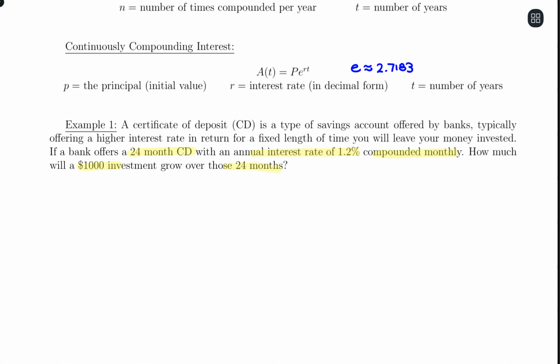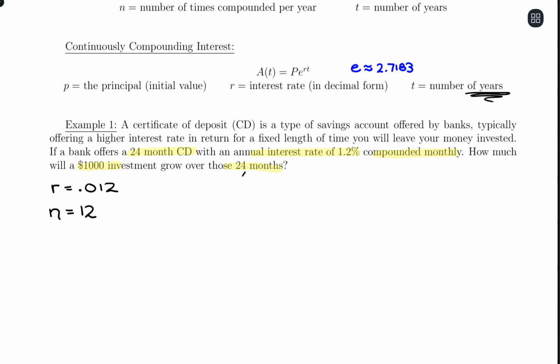Okay, lots of information there. Let's grab that annual interest rate. That's giving me r equals 0.012. We're compounding monthly, so n is equal to 12. This is describing it as a 24-month CD, but typically t is working in years.